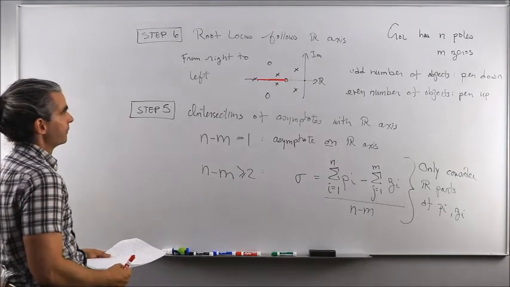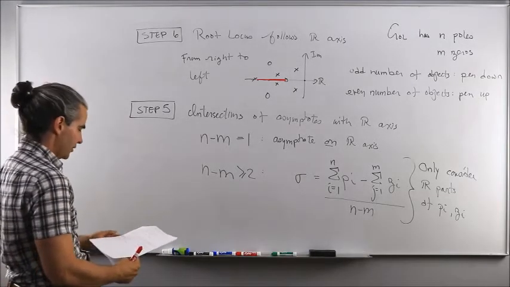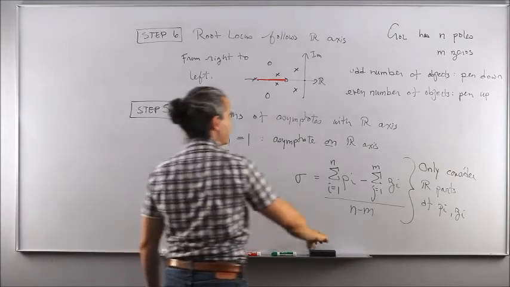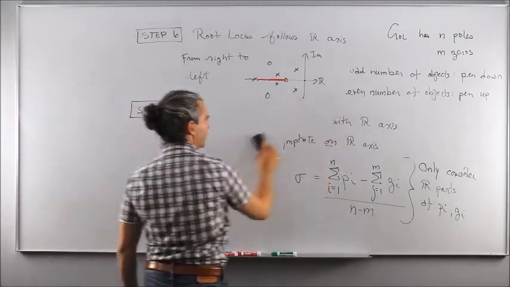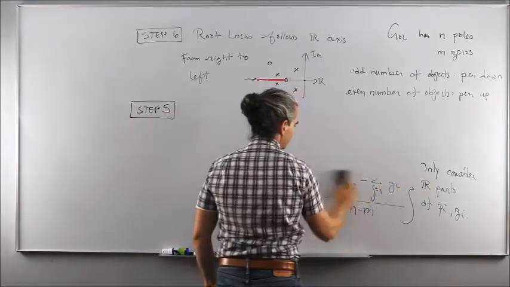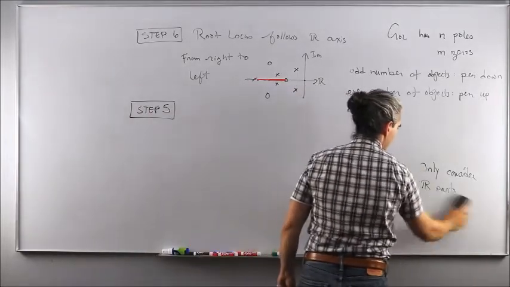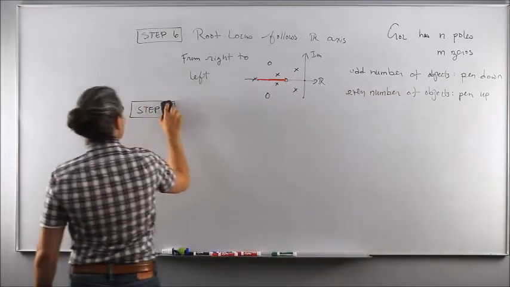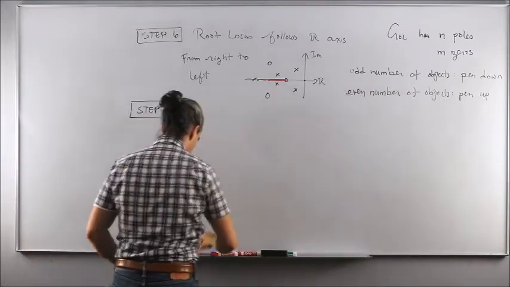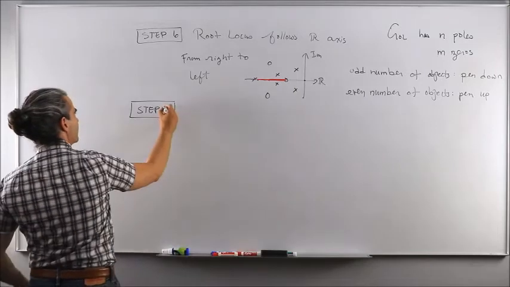Okay? That's the idea behind step number 6. It is just a visualization aspect of all the poles and zeros you have in your root locus. And make sure you go from right to left to count and not the other way around. Okay, almost done already. Step number 7.